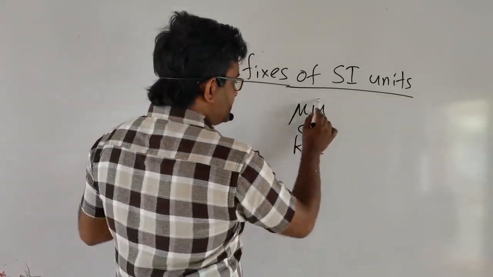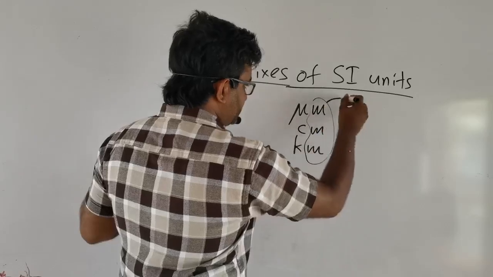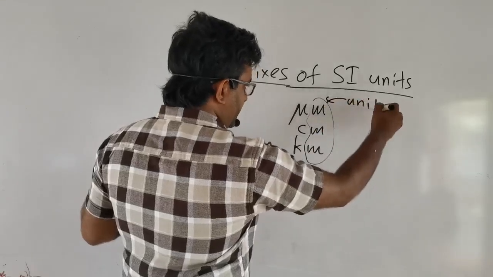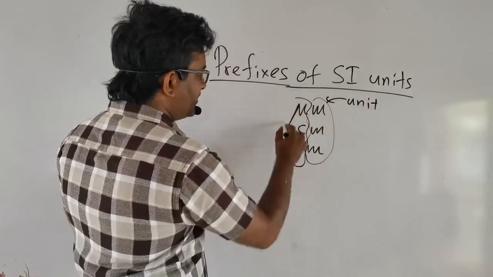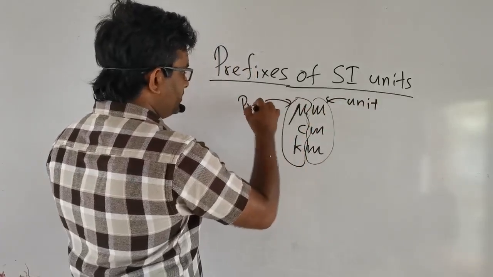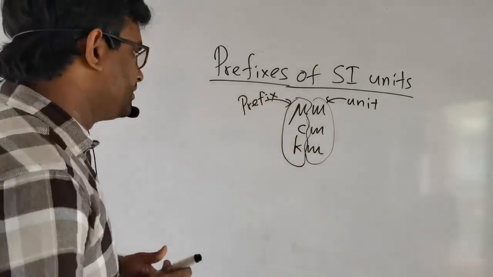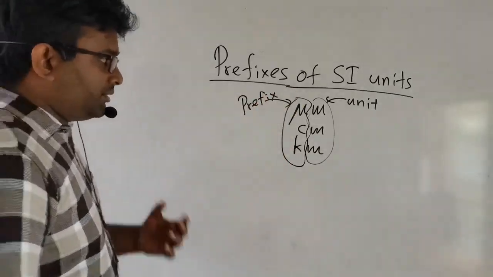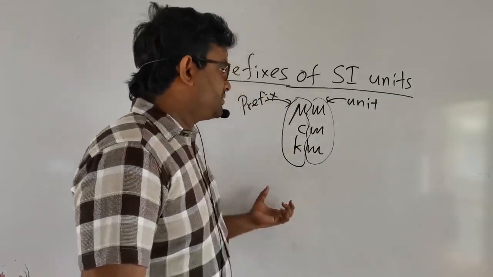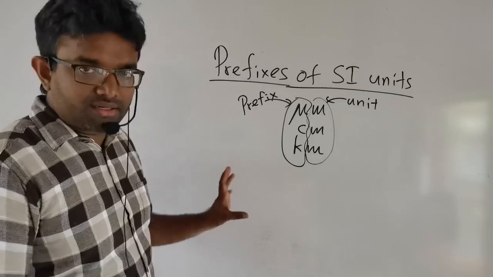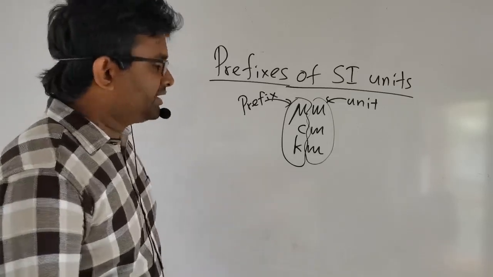So this is the SI unit, this is the unit, and in front of that we use a prefix. We use prefixes to represent a certain constant numerical value.